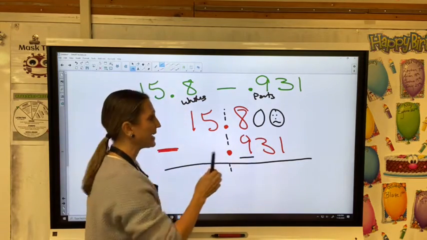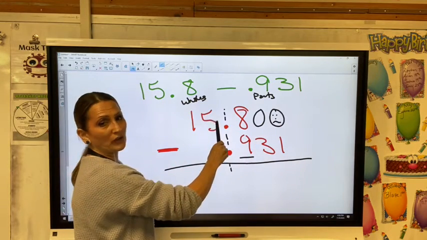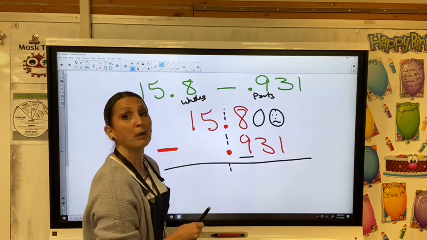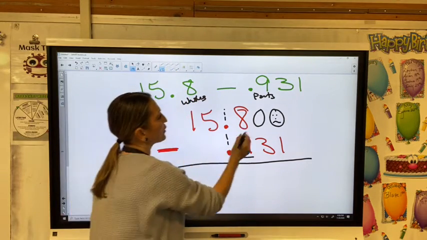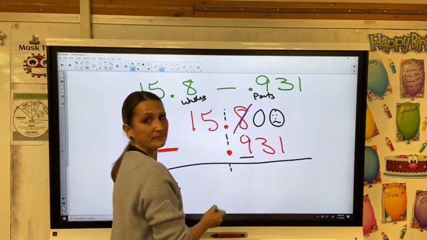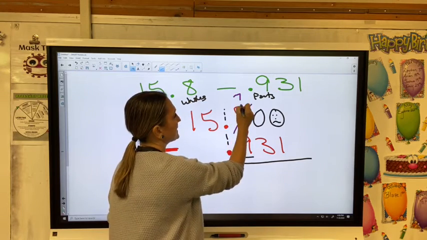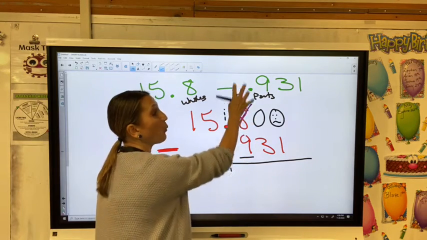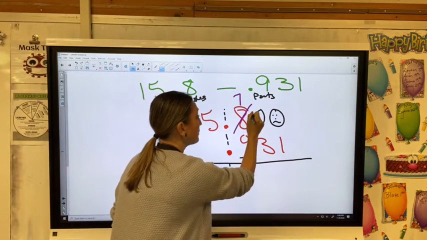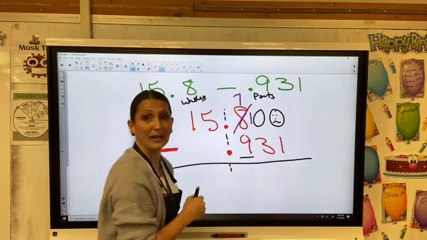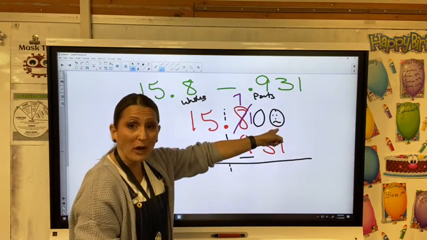And to do that, I have to go all the way over until I finally find something I can borrow from or regroup from. And in this case, I can regroup from that 8. I can turn that 8 into a 7, and I've taken 1 away from it. But actually, sixth graders, I took a whole 10. So I'm going to put that 10 now over here. That still doesn't help me over here.